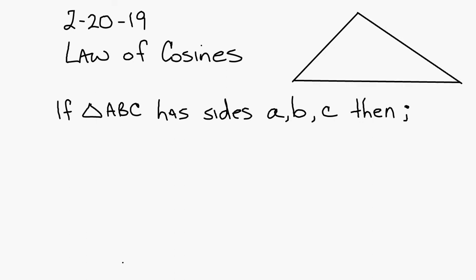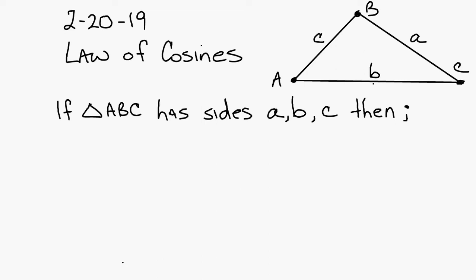The vertices are the capital letters A, B, C. The sides opposite those vertices are the lowercase letters, meaning angle A, right here. The side opposite angle A is lowercase a. The side opposite angle B is lowercase b. And the side opposite angle C is lowercase c.